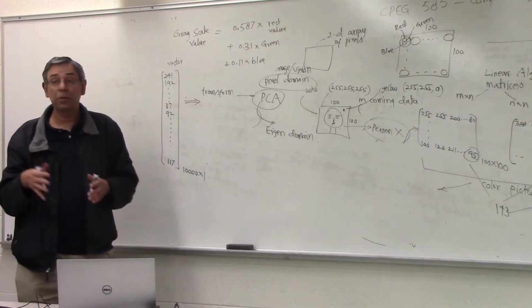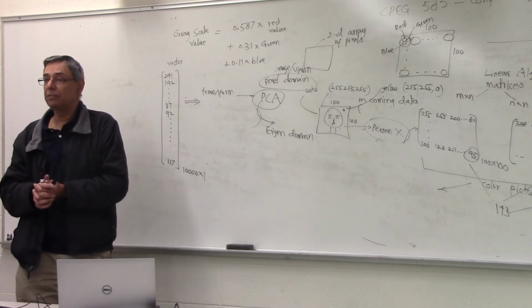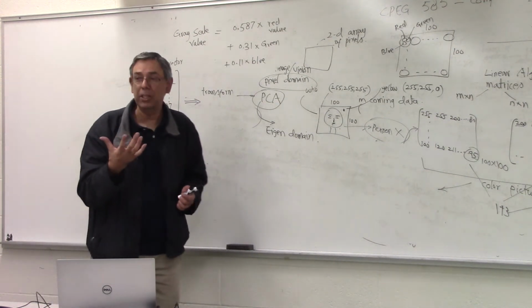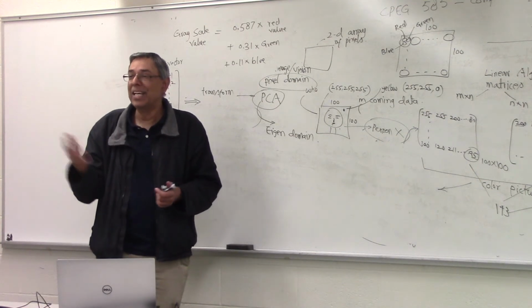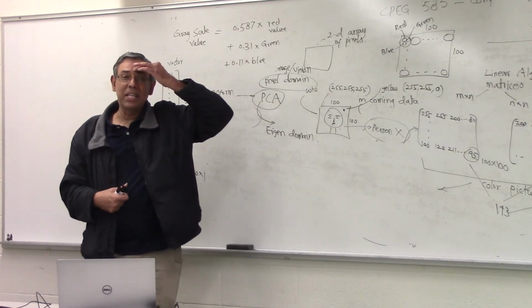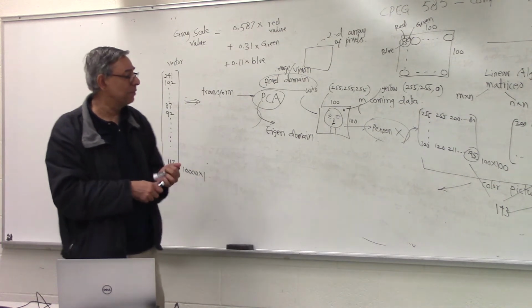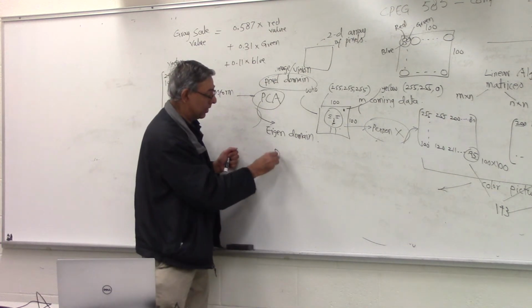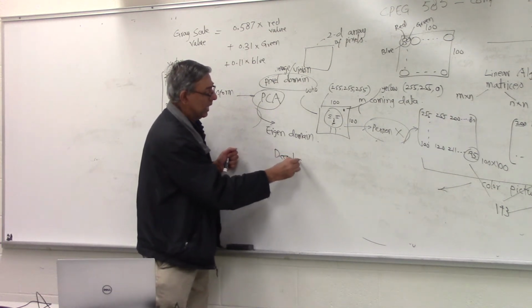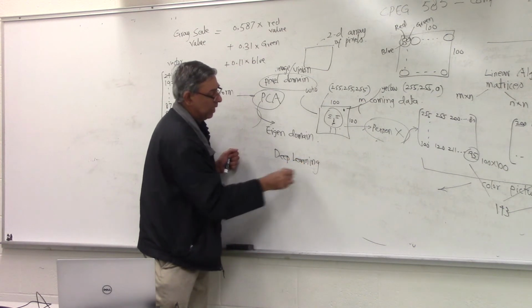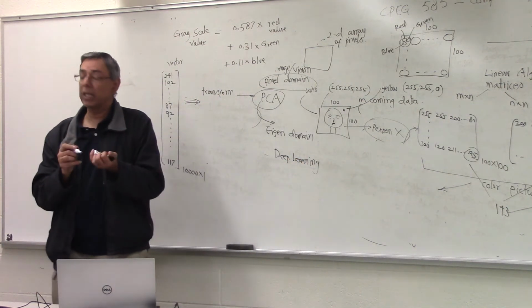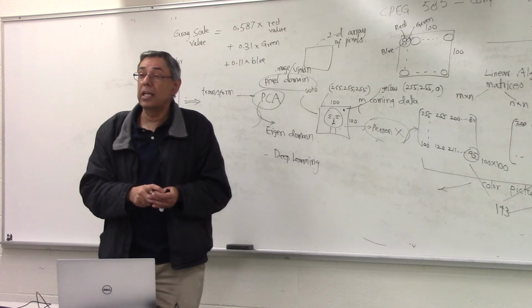Then you will write the code 100% yourself, even though there's a single-line function available called PCA. That's my problem. I know some of you are in this course and also in the deep learning course. There are a lot of libraries available which will do all these complicated things with a single line of code.